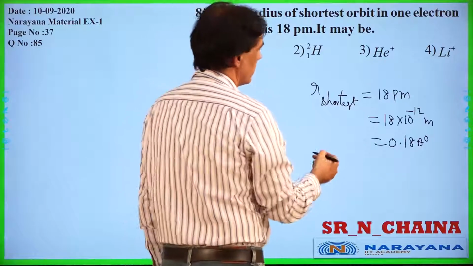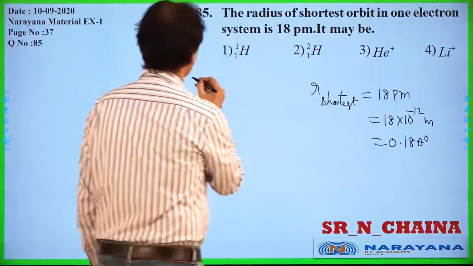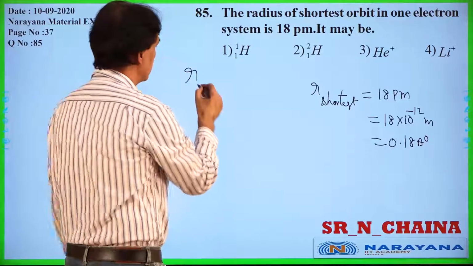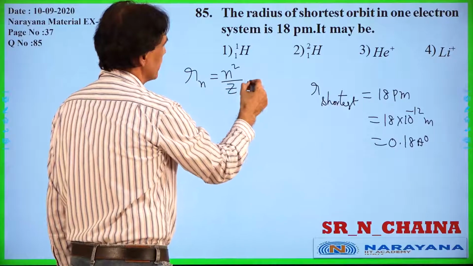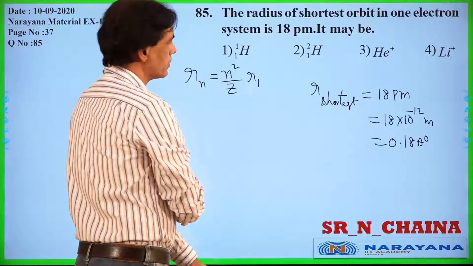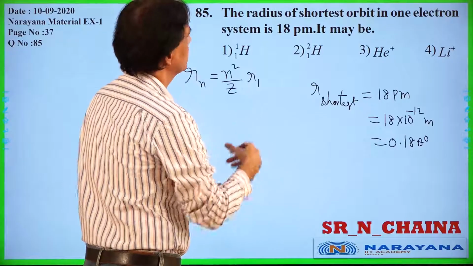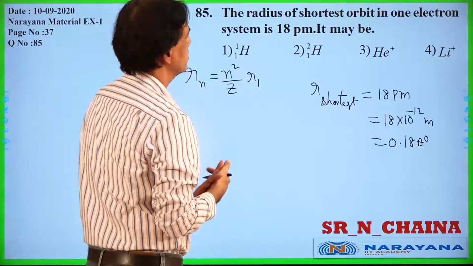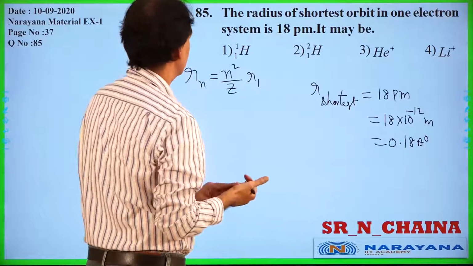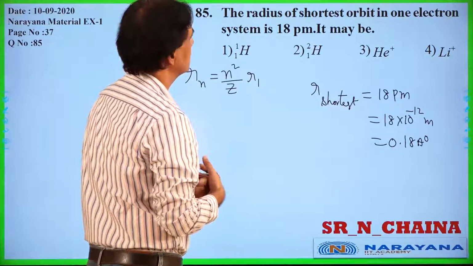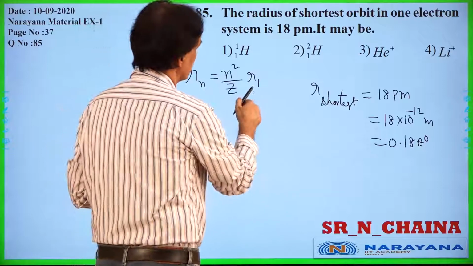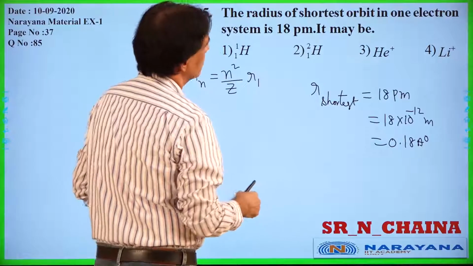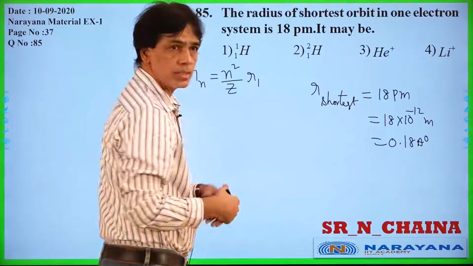So general formula for radius: radius in the nth orbit can be written as n square by z into r1. The radius of the shortest orbit in one electron system is given, so for the shortest orbit, you can take it as 1. And what you have to calculate? N value, that's it.